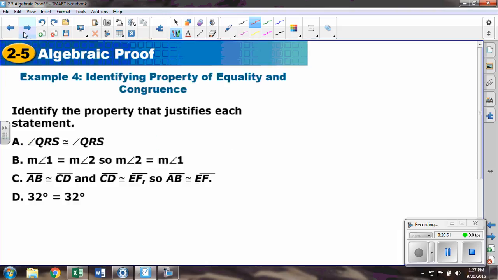Thus, which property is this? Just looking at A. Angle QRS is congruent to angle QRS. Is this reflexive? Is it symmetric? Or is it transitive?